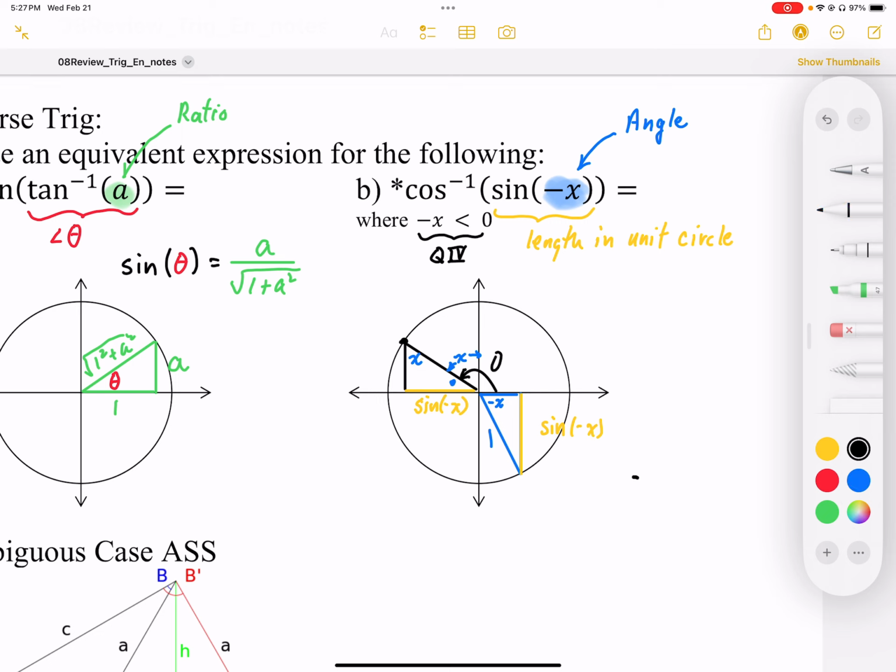So to find the standard position of that angle, we're going to call it theta, and it is 90 degrees plus that little bit extra angle x. So the inverse cosine is that standard position angle that I've just drawn. So the answer to this must be 90 plus x. And that is the inverse cosine of the sine of negative angle x.